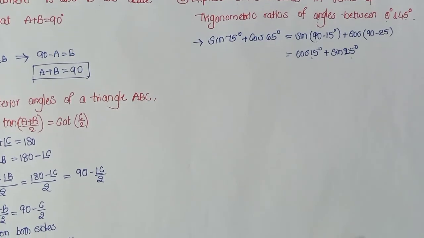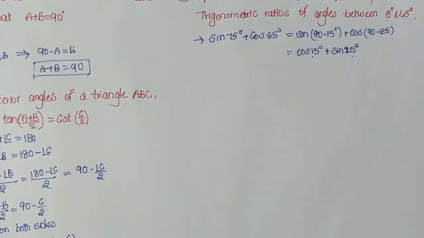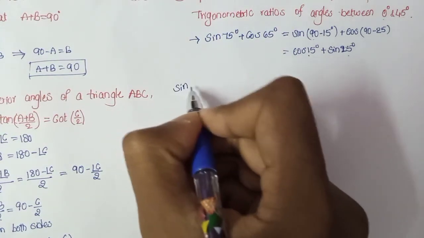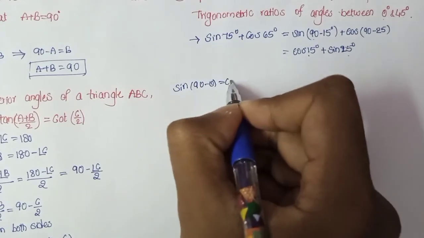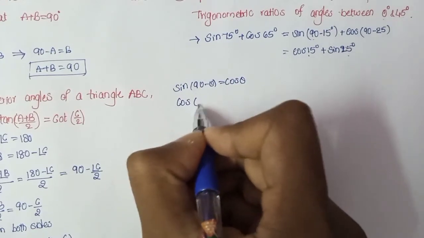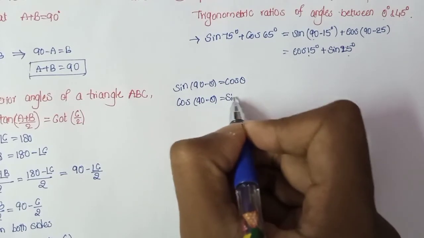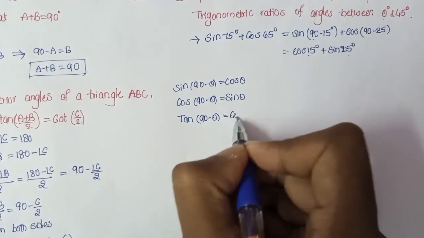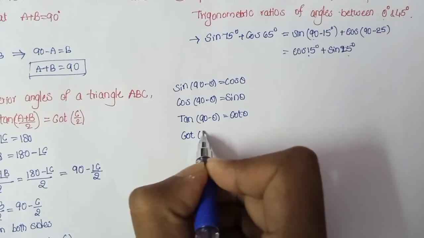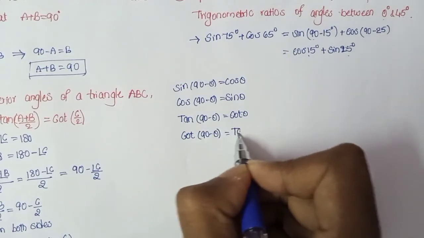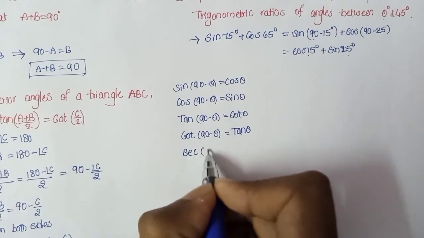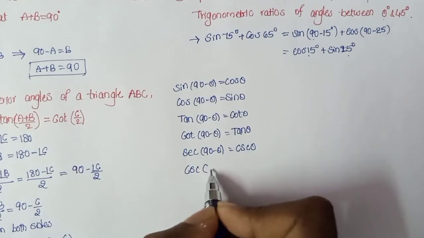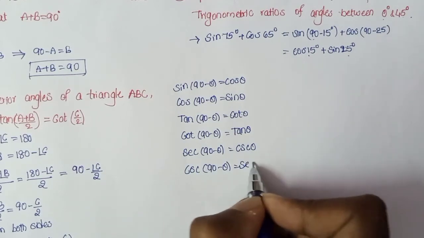Now let us summarize all the topics we have learnt under this topic. Sin 90 minus theta is cos theta, cos 90 minus theta is sin theta, tan 90 minus theta is cot theta, cot 90 minus theta is tan theta, sec 90 minus theta is cosec theta, cosec 90 minus theta is sec theta.